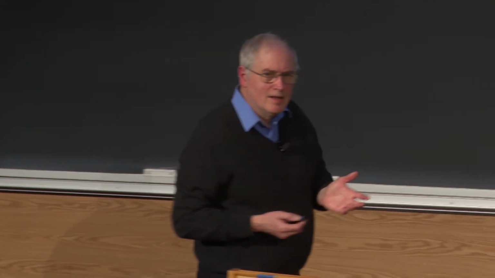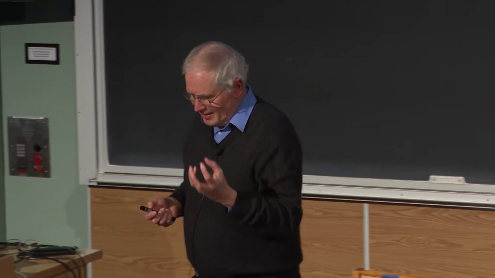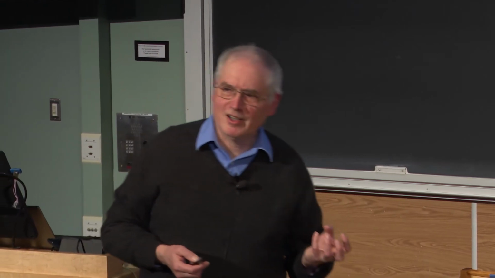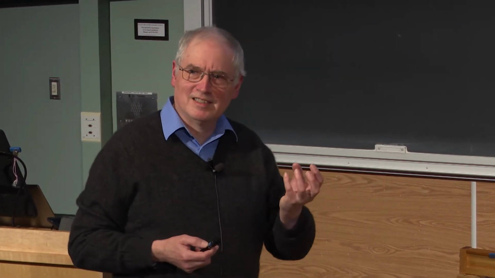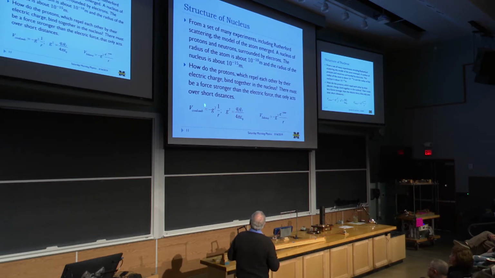Moreover, the nucleus consists of protons that are attracted to each other. But protons have the same charge. They're both positive. And we know that two things of the same sign repel each other. So these protons should be repelling each other through the Coulomb interaction. But yet they're stuck together.